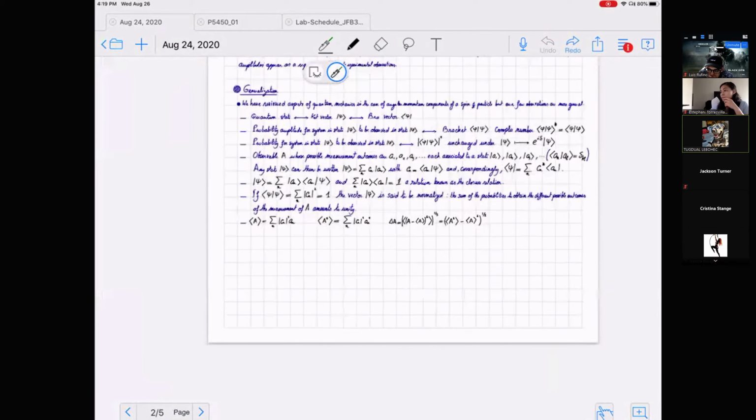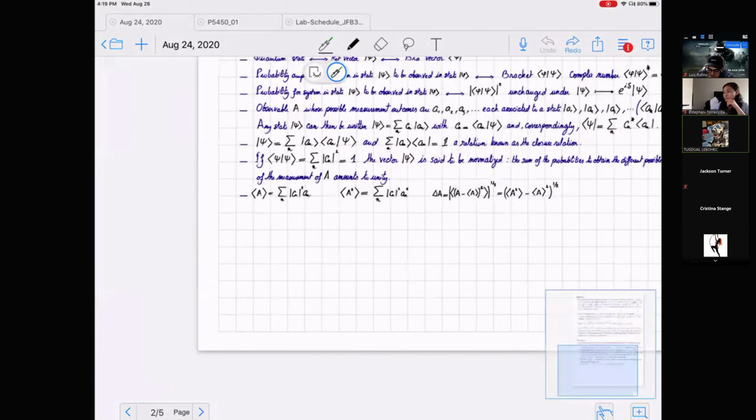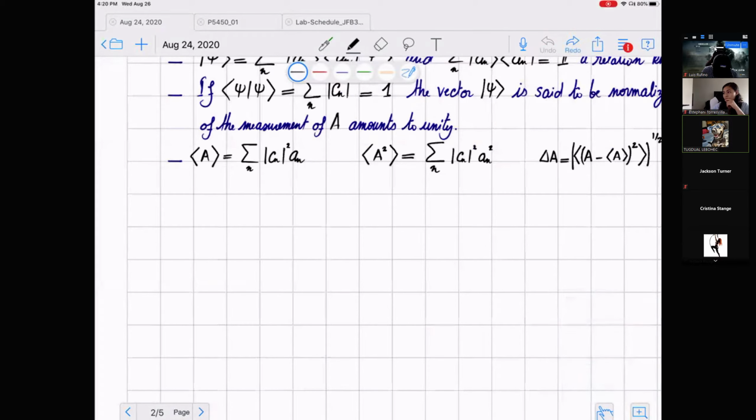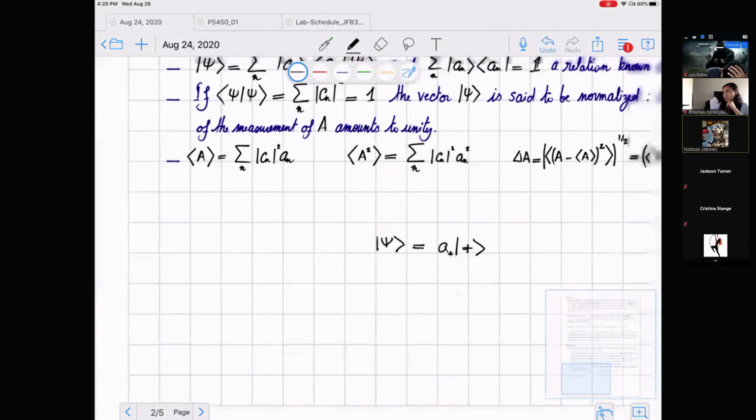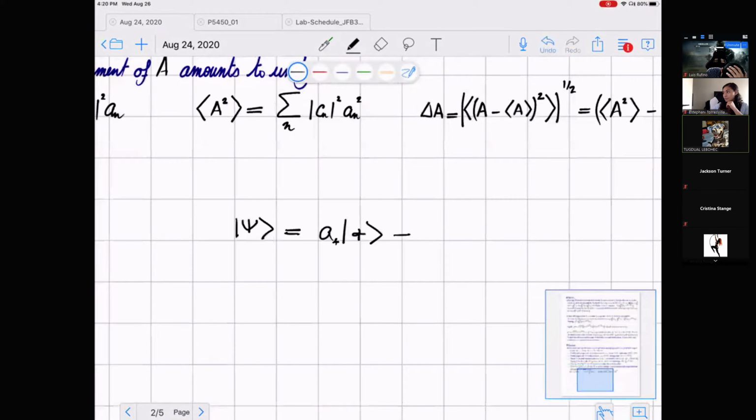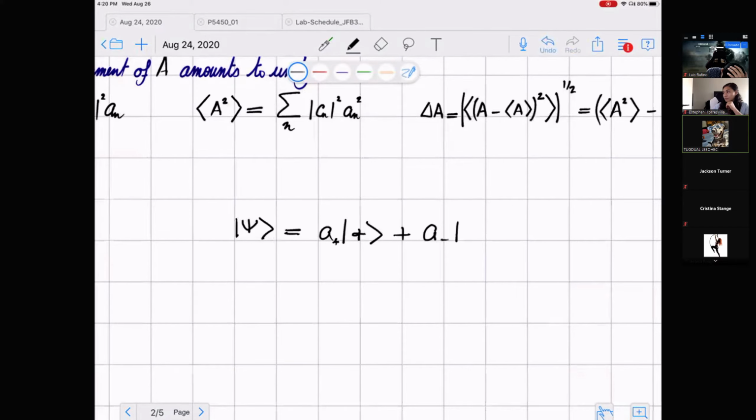Okay, so let's take expressions. Maybe I have psi equal to a plus, plus, a minus, minus.